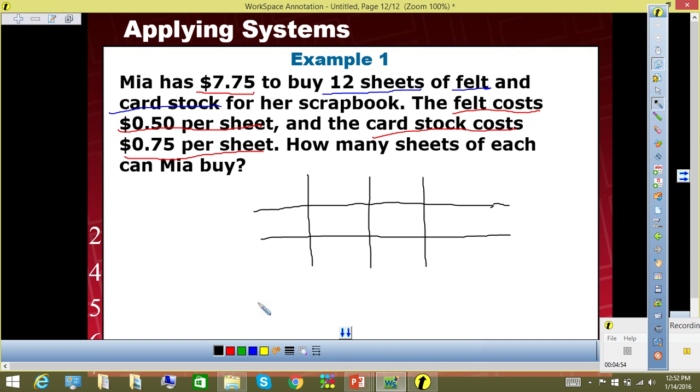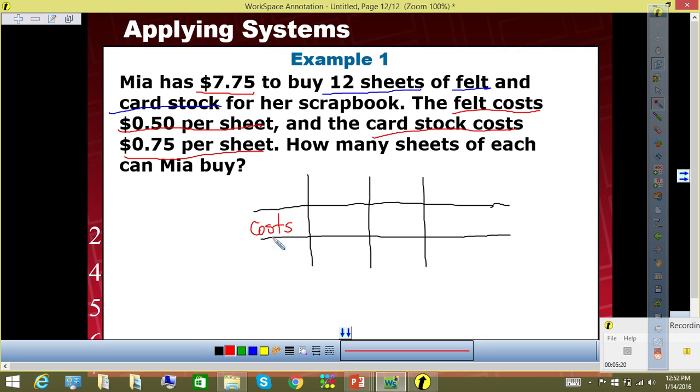So here, let's start with our information. What is the first thing we underline? $7.75, and we underline 50 and 75 cents. What could that be labeled in this row right here, in my first row? What could I label this row if I'm going to write all these amounts? Costs. So let's write this as costs.